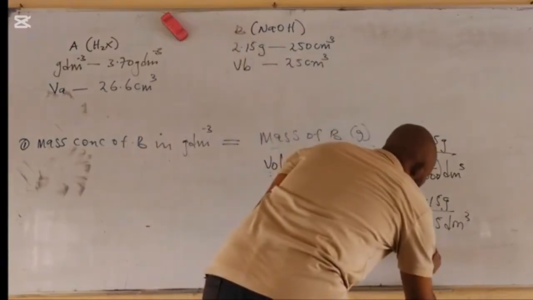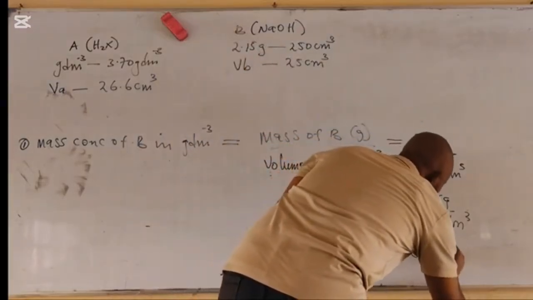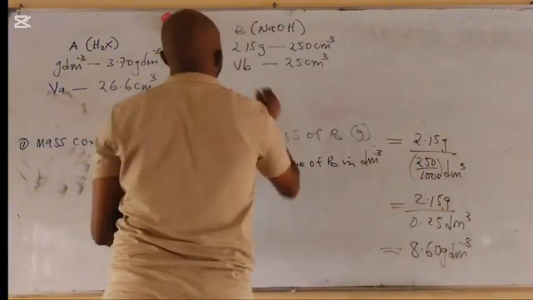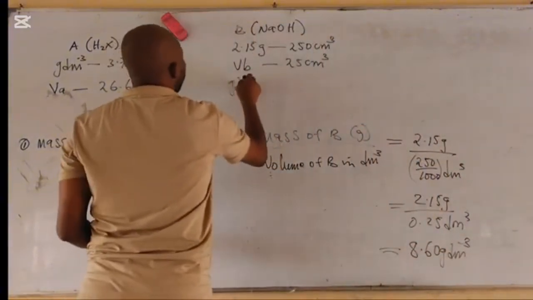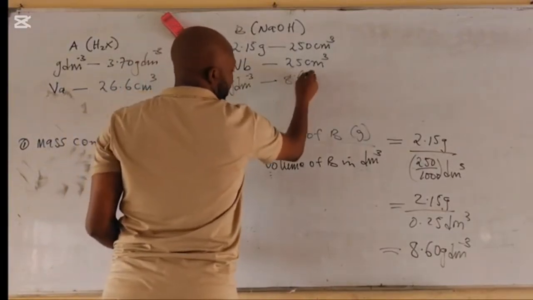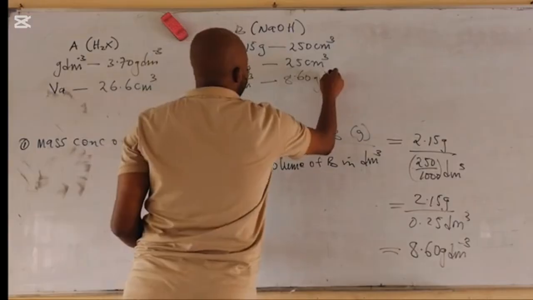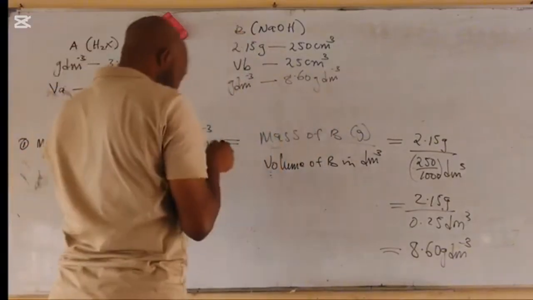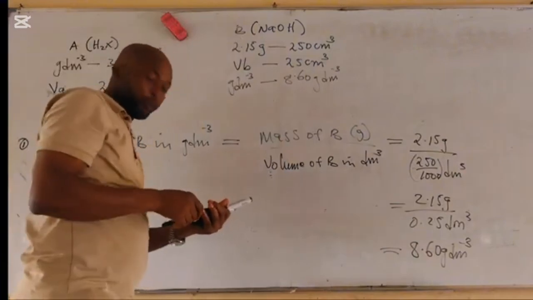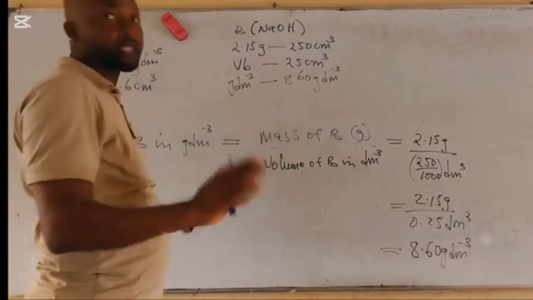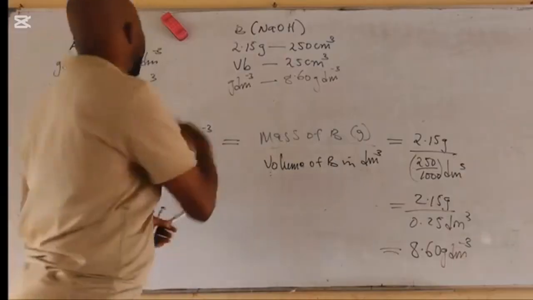So this is 8.60 g per dm cube. So now the mass concentration of B is equal to 8.60 g per dm cube. So we've gotten the first thing there. Now, they didn't ask us, but that is what we should do first. So we have done that.